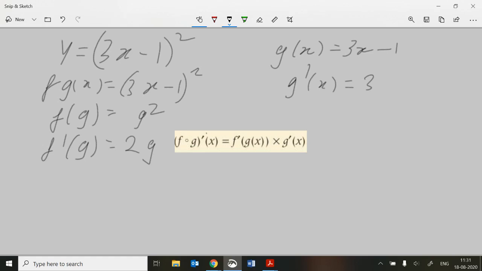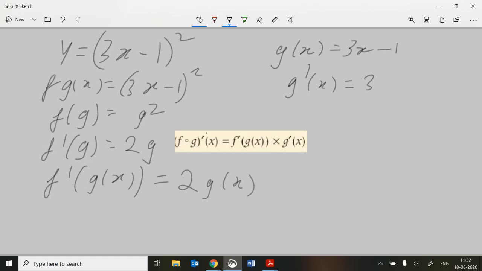Of course, g is in terms of x, so we've got f dash of g of x is equal to 2 lots of g of x. We're keeping that x to make it clear that the x is not timesing by x or anything. It's just the variable that the function is defined in.